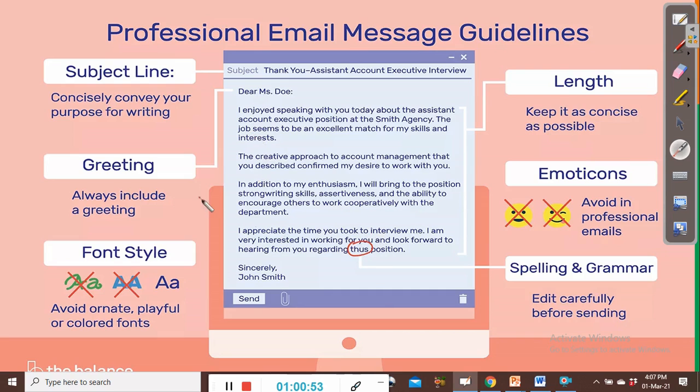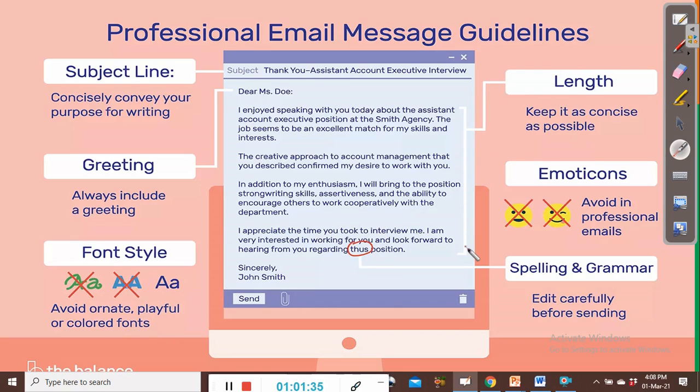Now, one other thing you need to do is that you have to avoid using fanciful font styles for a formal or professional email. Of course, if you are writing to a close friend, you might use some of these things for fun, but for professional emails, you avoid all this, colorful fonts and stylish fonts and all that. All right, so then you need to watch the length of your email.